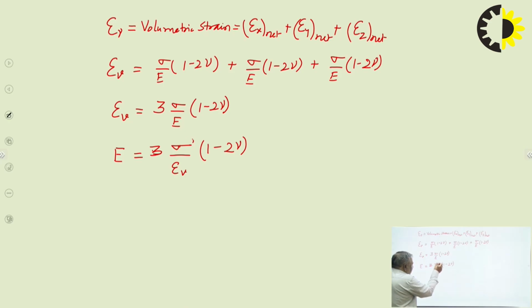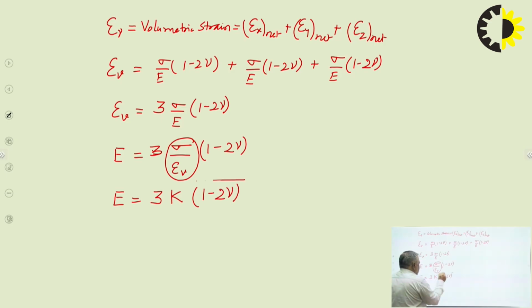So by definition, this normal stress upon volumetric strain is nothing but the bulk modulus of the material. So the relationship between modulus of elasticity and the bulk modulus is E is equal to 3K (1 minus 2 nu). Done.